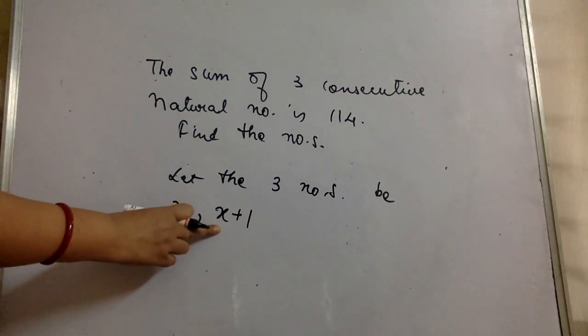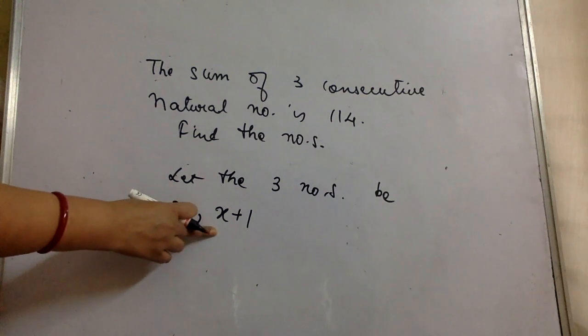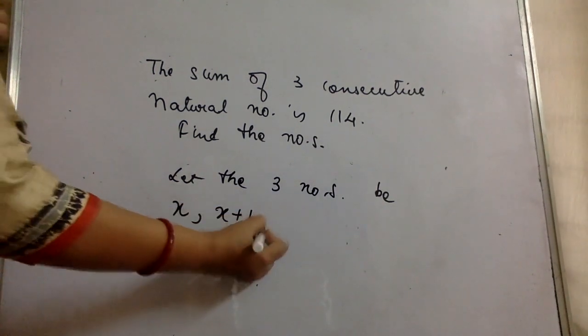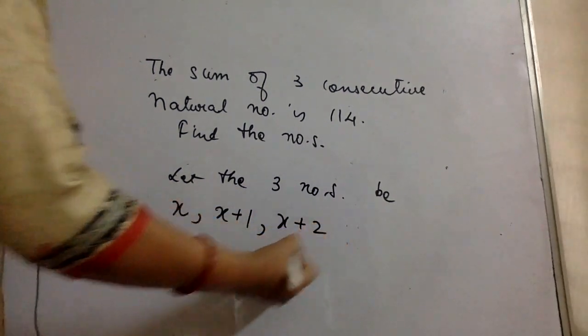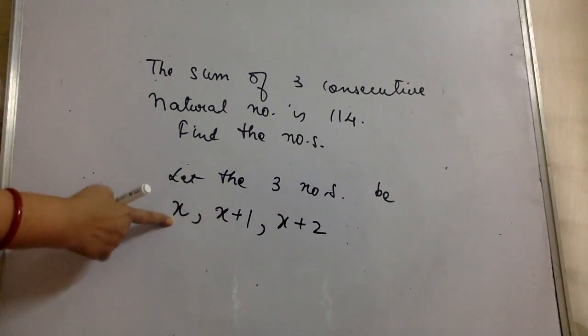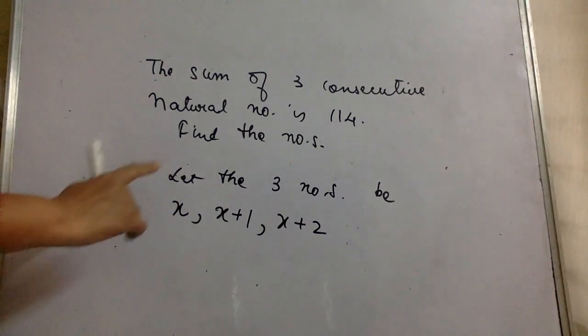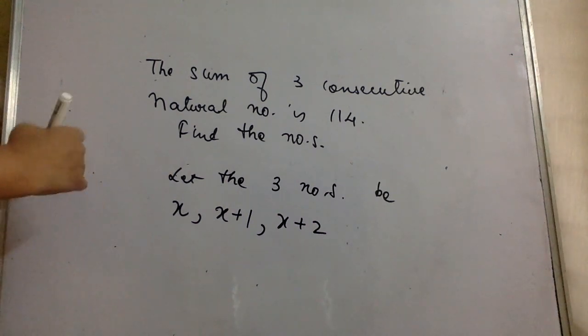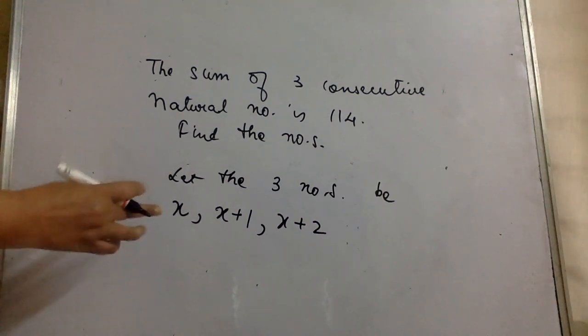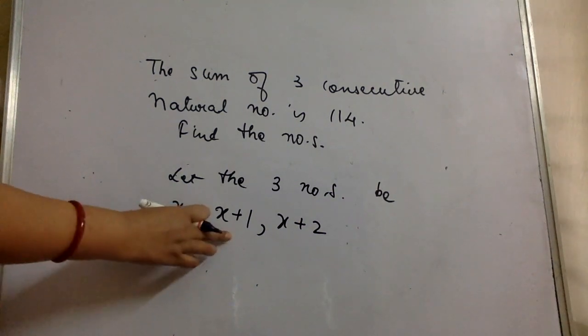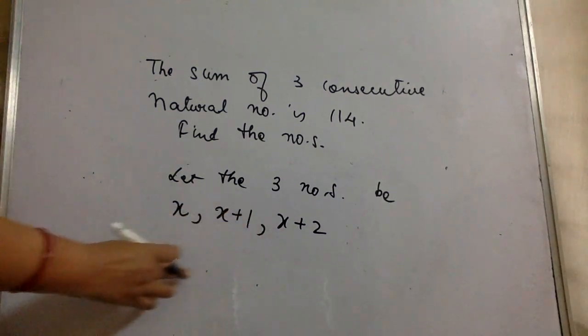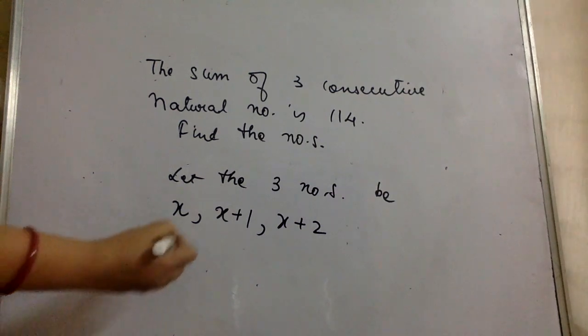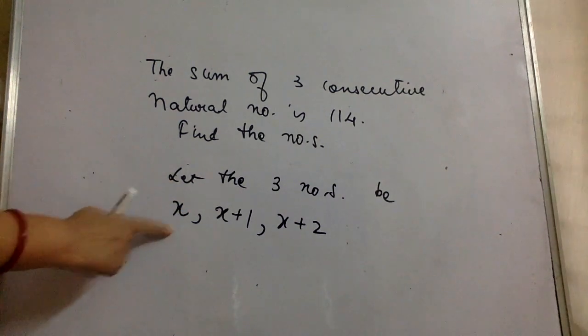The next number will be only with a difference of 1, so add 1 to it. And the next number again with a difference of 1, so add 2 to the first number. You can verify this with any three natural numbers which are consecutive. So here x, x plus 1, x plus 2 are the three numbers. Then they have told the sum of these three numbers.